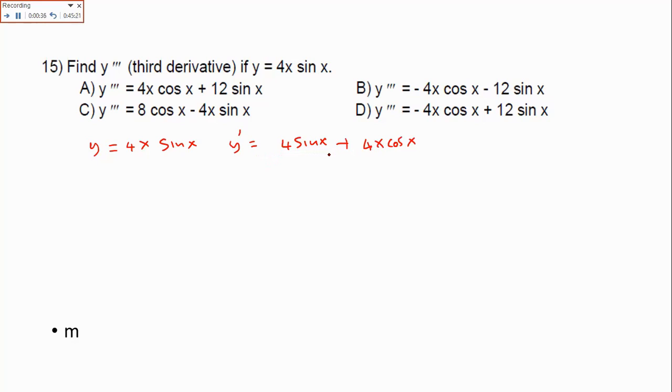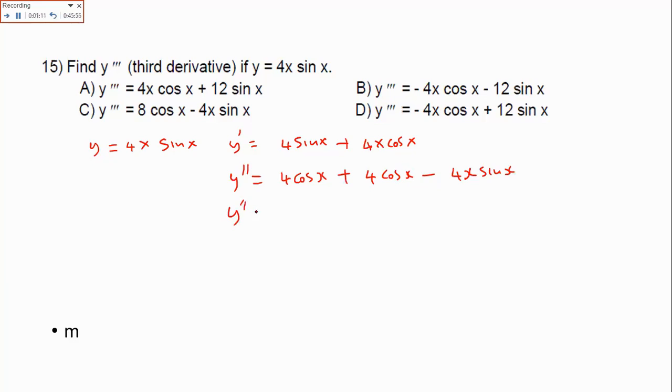It's just product rule. So for y double prime, product rule one more time. This will be 4 cosine x, right? Plus this product rule, it will give us 4 cosine x, and then plus 4x sine x, and then this will be negative. So this will be like this. Correct? This is number 2.